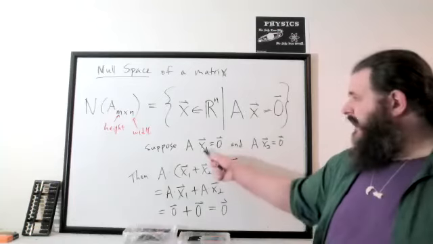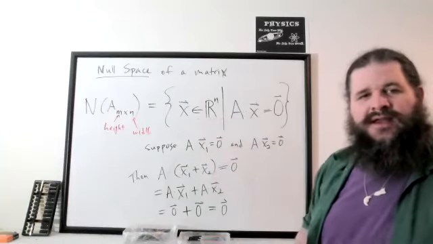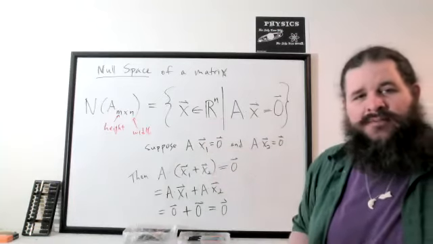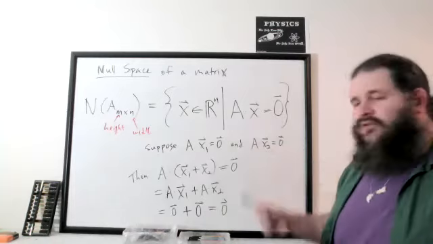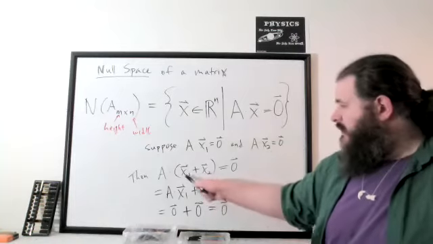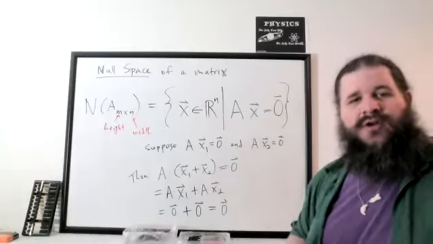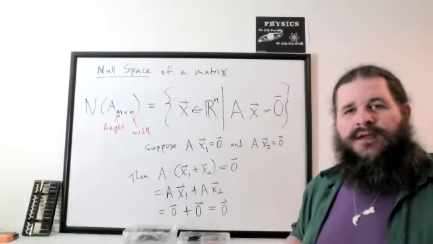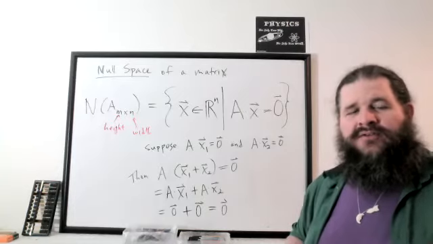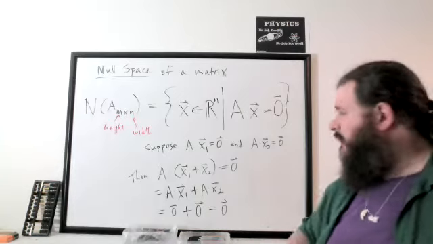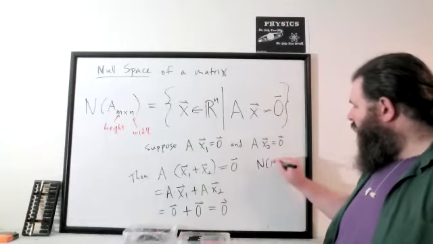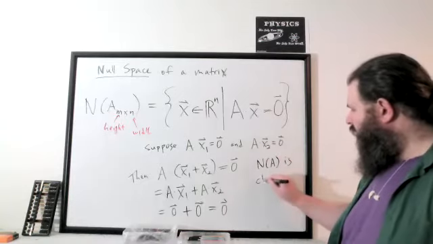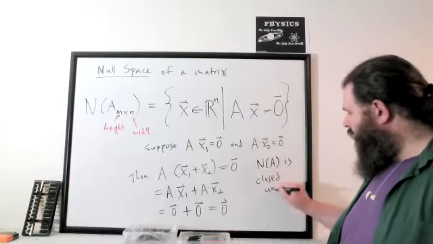In other words, if x1 is a member of the null space, that is, it gets turned into 0 by multiplication by A, and if x2 is also a member of the null space, then their summation, x1 plus x2, is also in the null space. It also turns into 0 when multiplied by A. So this is one of the very important properties of the null space. We say it is closed under addition. Null space of a matrix is closed under addition.